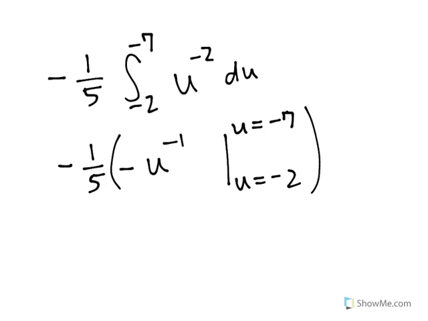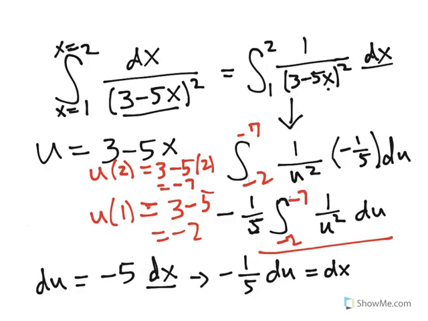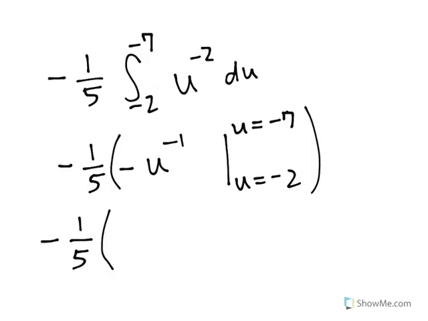Or what you could do, and this is why ultimately it doesn't matter too much, if you were to go back to x's, then you can actually still keep your bounds as your x's. I mean, you shouldn't, as far as being technical here, but if you replace everything with a u back with having an x in it, then you end up getting something that looks like this. You have u to the -1, by the way, is 1 over u.